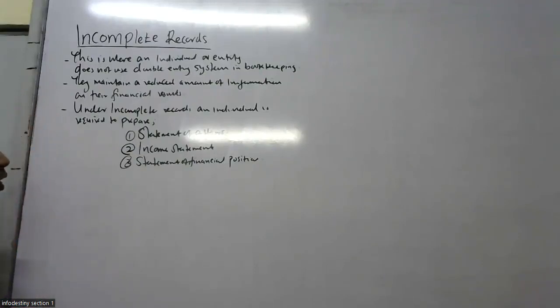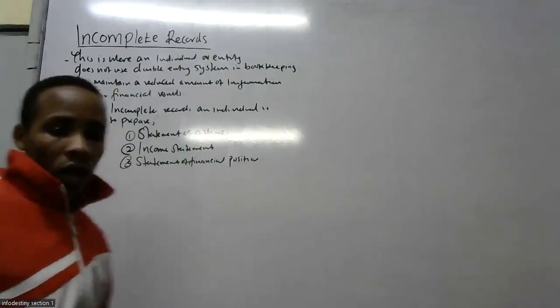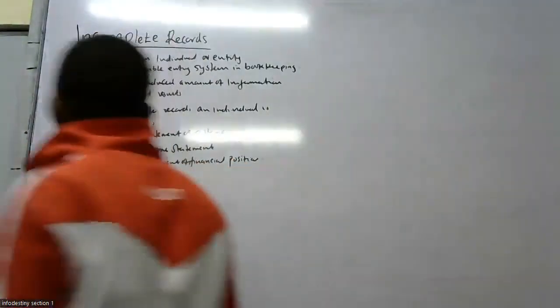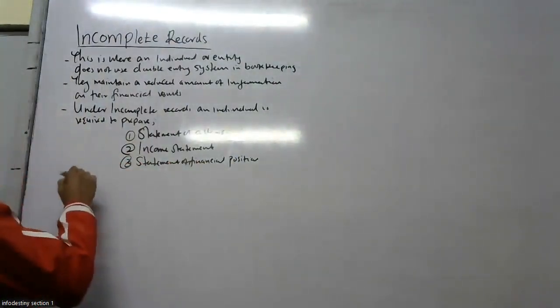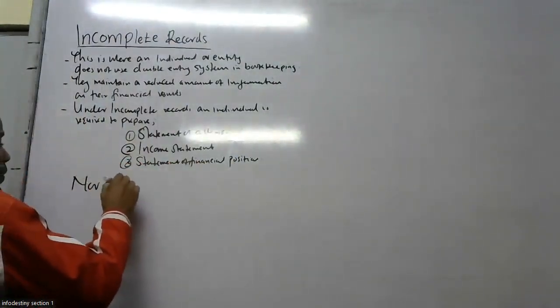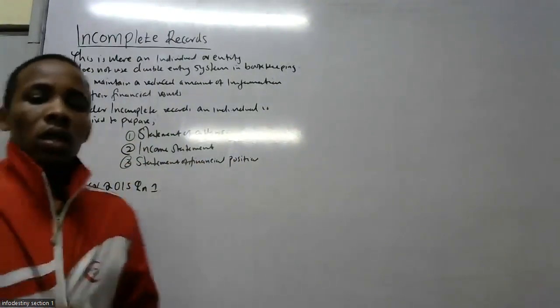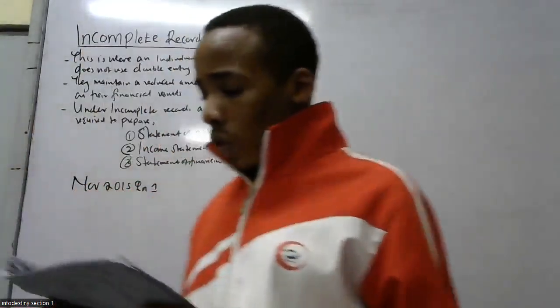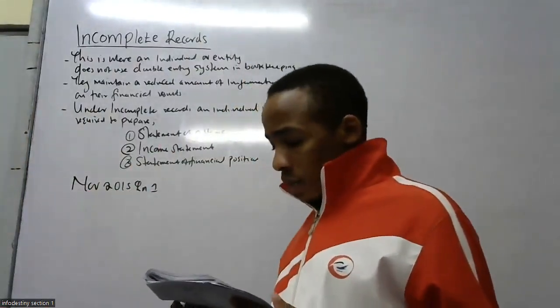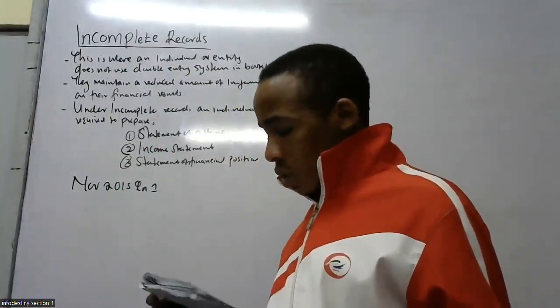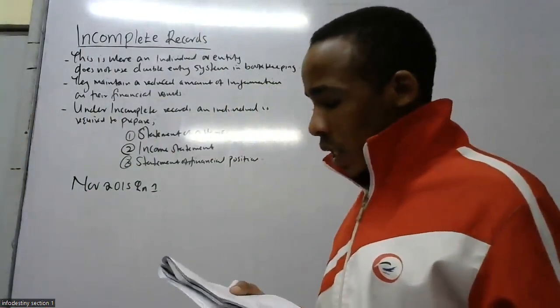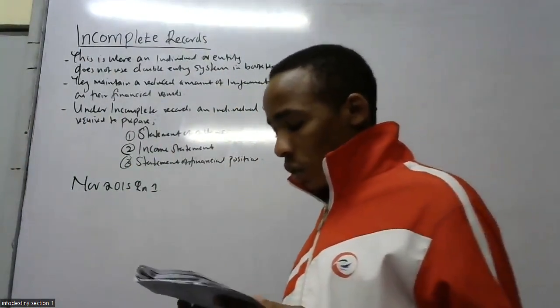So we'll start by looking at a question. November 2015, Question 1. We are told that Juma Makori is a businessman based in the Central Business District. He does not maintain a complete set of accounting records.